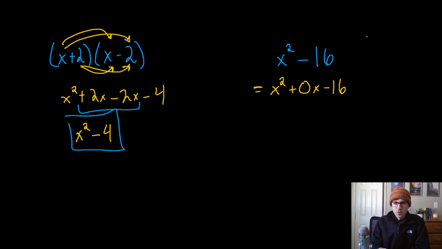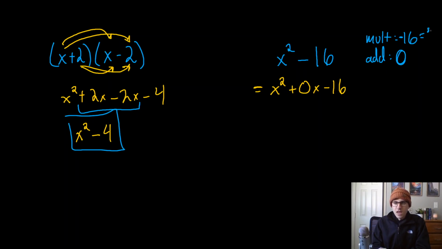We're looking for two numbers that multiply to negative 16 and add to 0. So if they multiply to negative 16 and add to 0, what two numbers fit that bill?